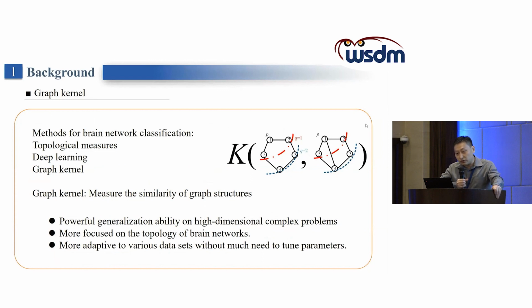This gives powerful generalization ability on high-dimensional complex problems, because instead of having the high-dimensional expression for each node, we express their similarities, which is expected to have a lower dimension. We focus more on the topology of brain networks, and this is also more adaptive to various datasets without much need to tune parameters.